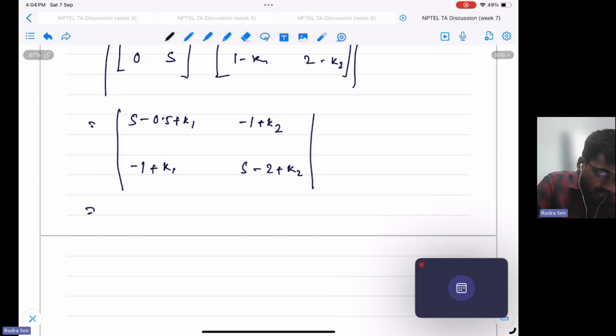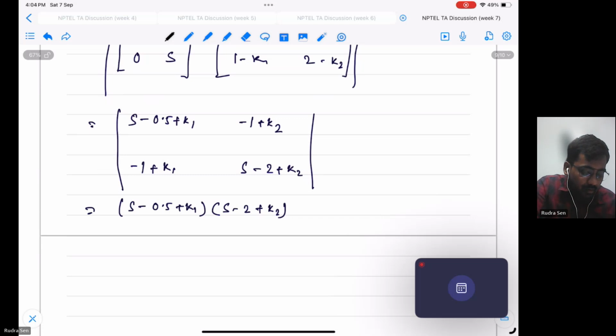What we will get? We will get S square, or rather I should do it accordingly. It is (S minus 0.5 plus K1) into (S minus 2 plus K2) minus (K1 minus 1) into (K2 minus 1).